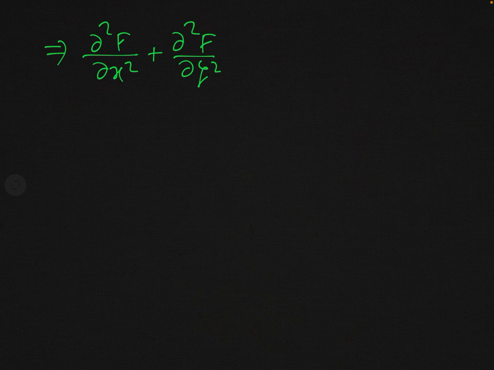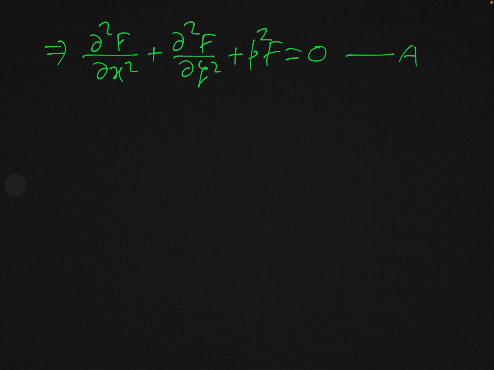This implies del 2f by del x square plus del 2f by del y square plus p square f equal to 0.